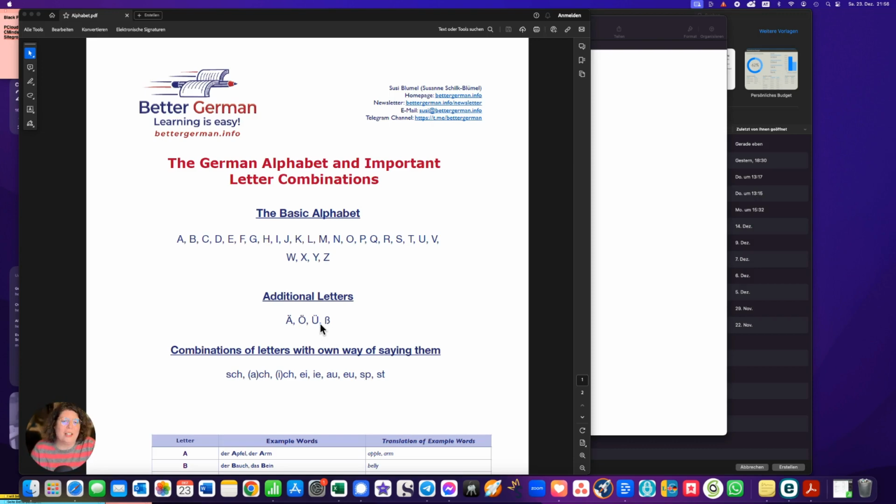This is actually called, in Austria, scharfes S, which would be a sharp S, or in Germany, they call it Eszett. And it's pronounced like S.